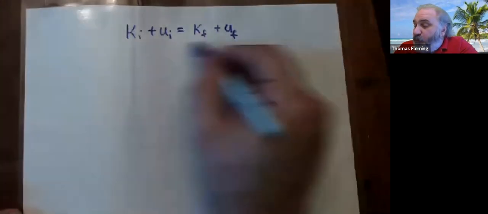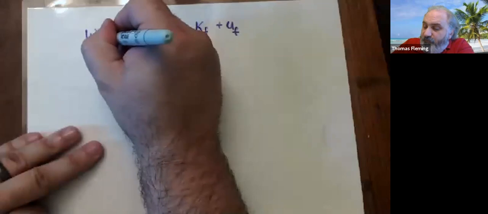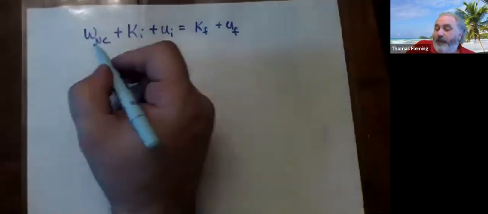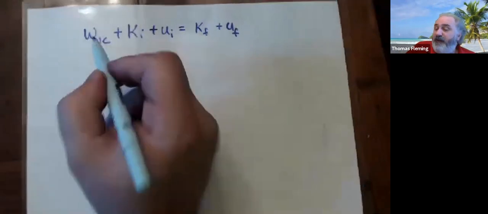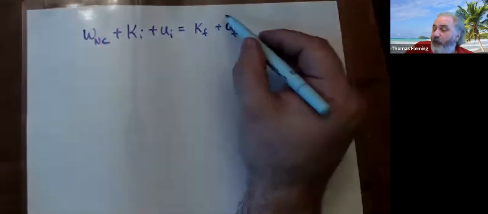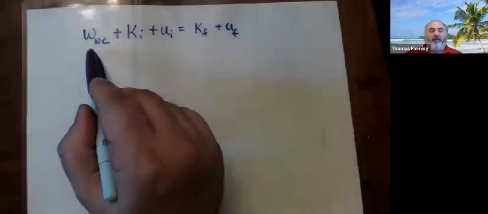I could make this equation work then if I just added the work done by the non-conservative forces over here. Notice, if this WNC is a negative number, then I would take my starting energy plus a negative number would equal a smaller ending number. So it'll get me the right answer if the work being done is negative.